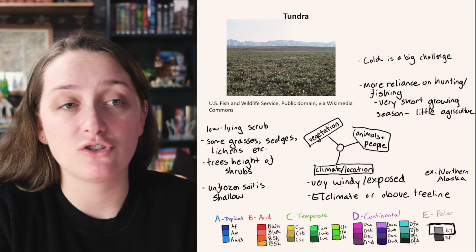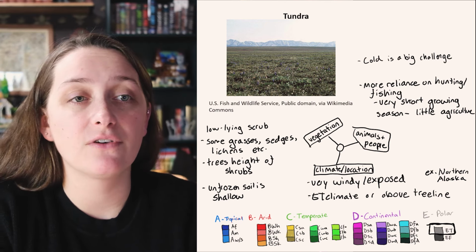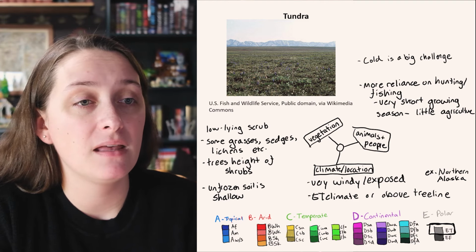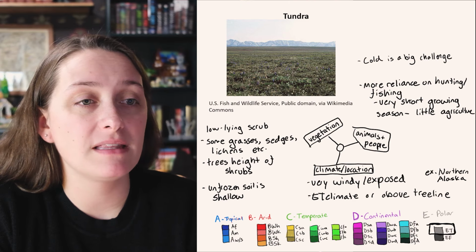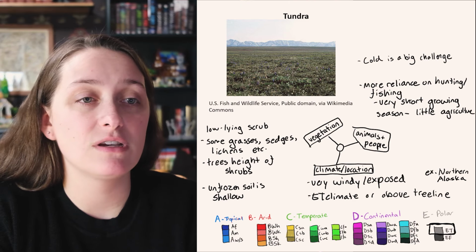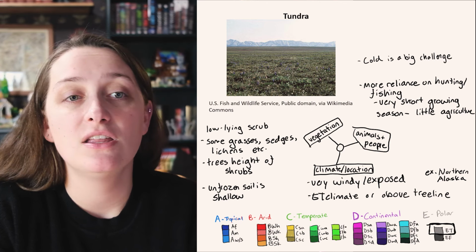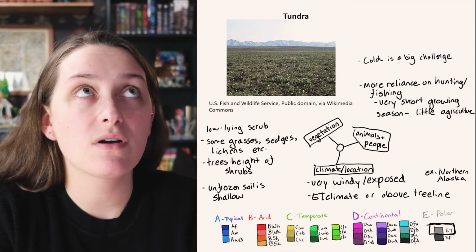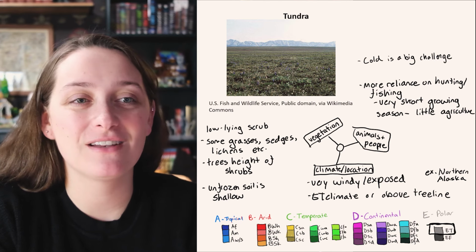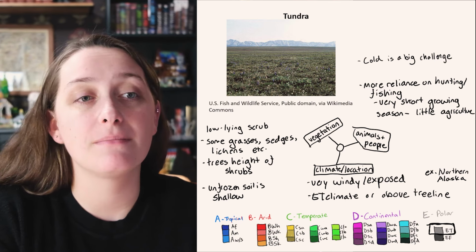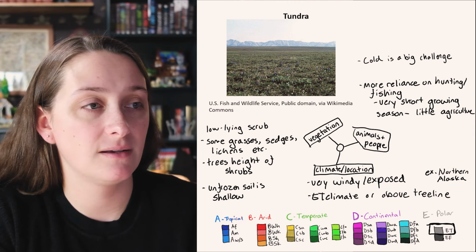There's going to be a very short growing season, the unfrozen soil is shallow, and it's very windy here. So these are mainly going to be our ET climate. In regions like, on Earth, you would see northern Alaska and Canada, the north and south coast of Iceland, northern Antarctica, and you can also find this above the tree line on mountains.